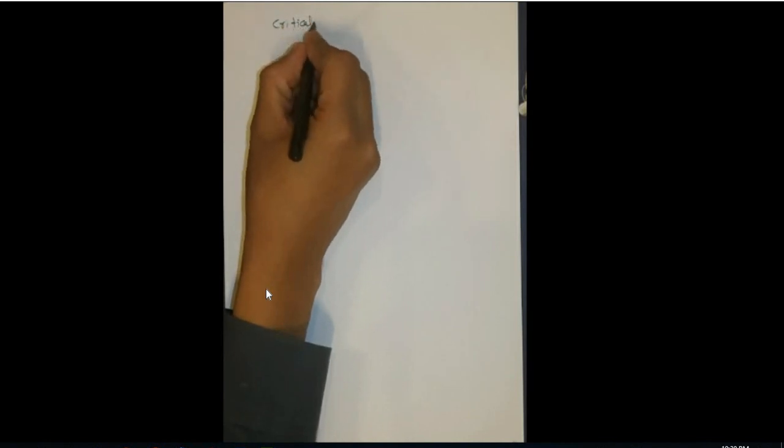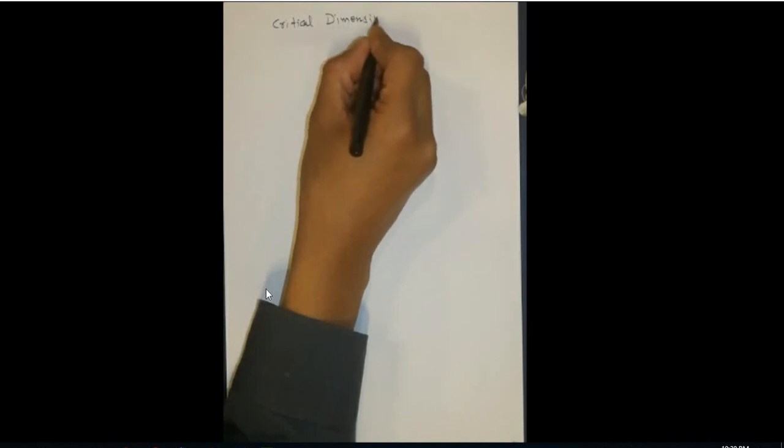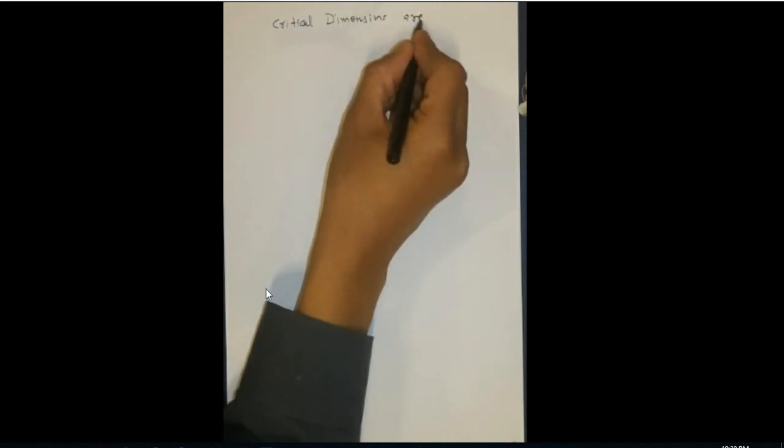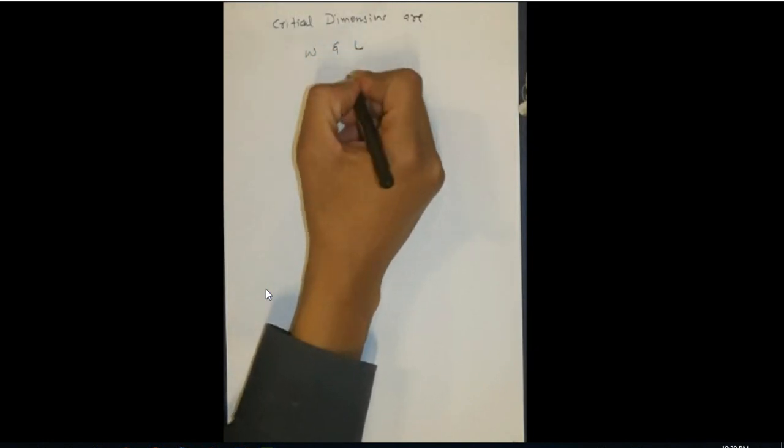So for scaling theory, the critical dimensions we have are W and L, width and length.